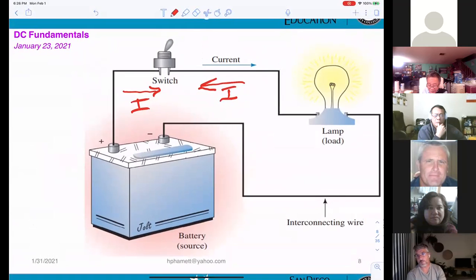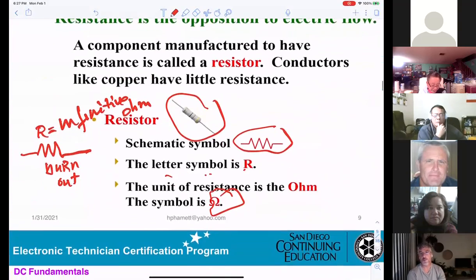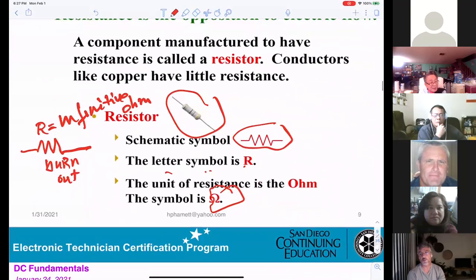That only tells you the resistance here is broken, that means the current cannot flow. If the resistor is burned out, then resistance has to be infinity. When the resistor is shorted, that means it draws maximum current.